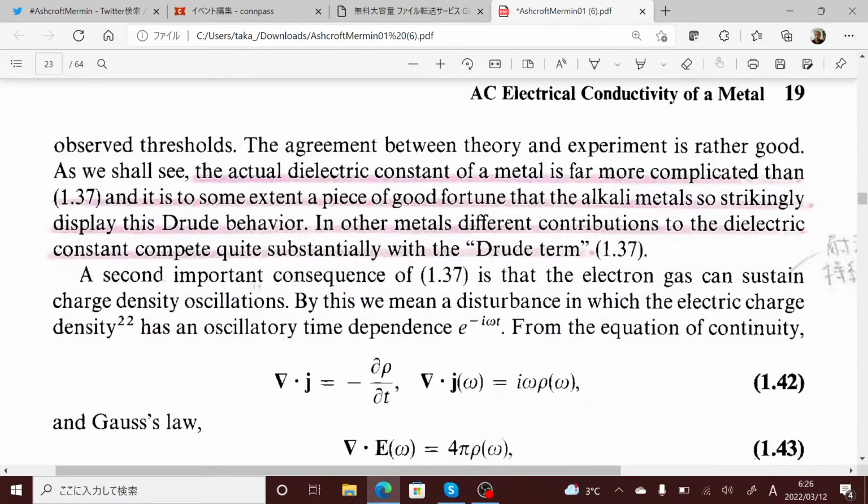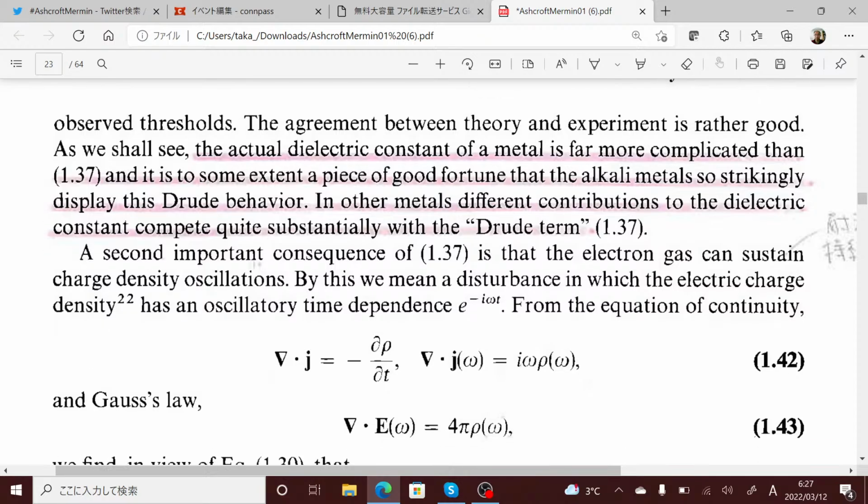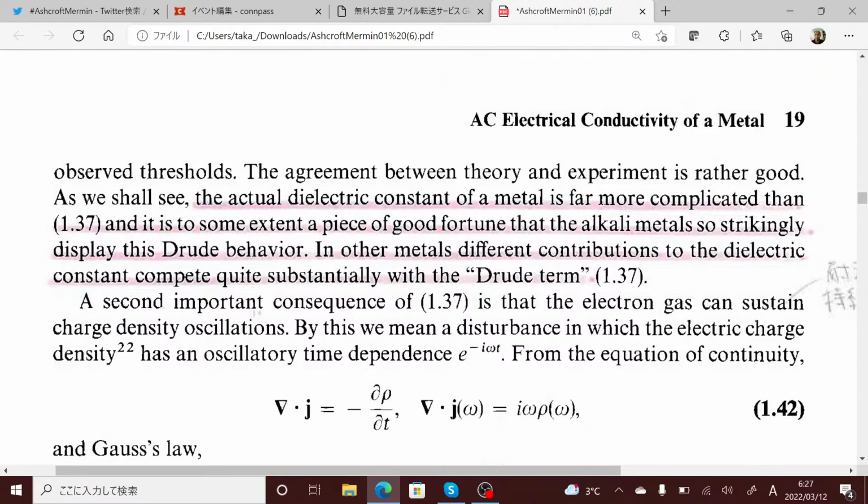In other metals, different contributions to the dielectric constant compete quite substantially with the Drude term 1.37.